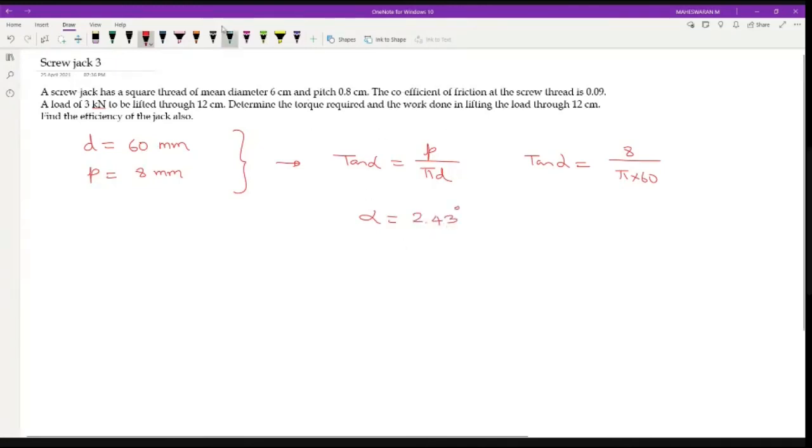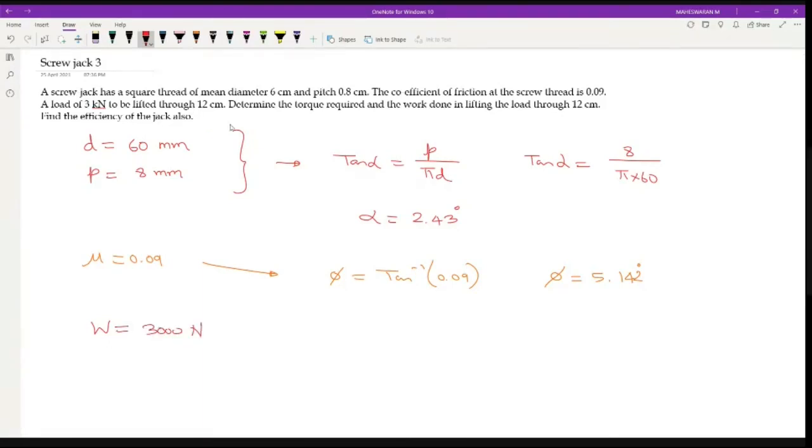The next one is the coefficient of friction, mu, which is 0.09. So I can say phi is equal to tan inverse of 0.09, which is 5.142 degrees. Now W is also given. W is 3000 Newton.